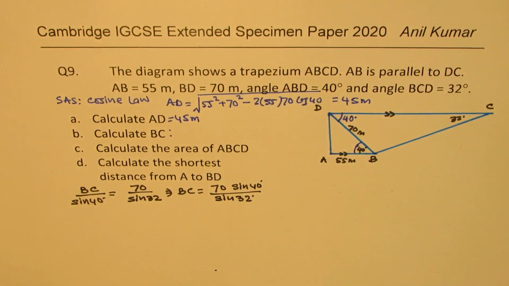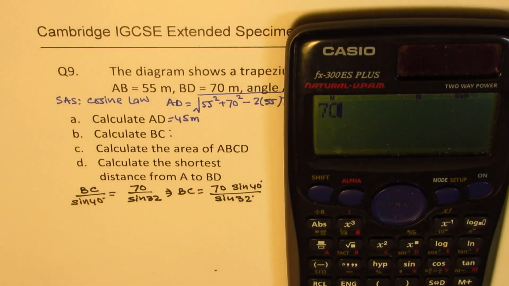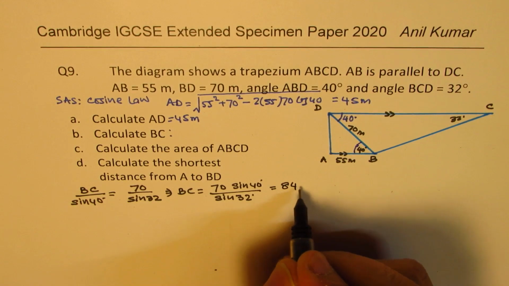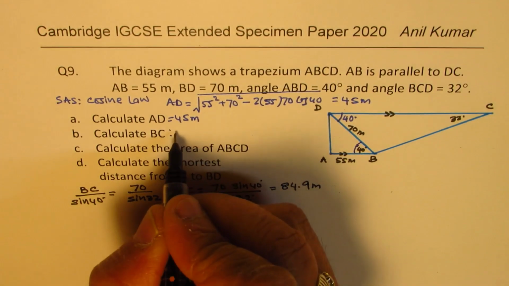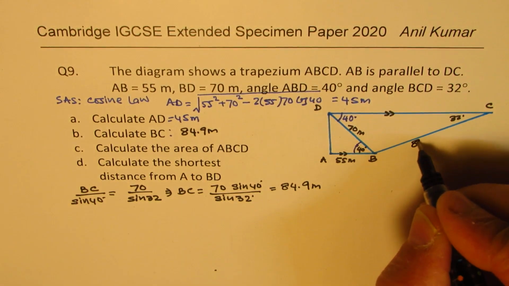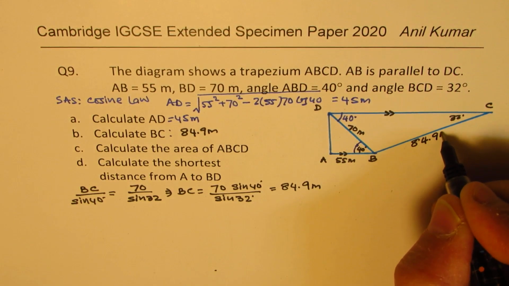Let's calculate this out. So we'll multiply 70 by sine of 40 degrees and then divide by sine of 32 degrees. That is 84.9. So this gives you 84.9 meters. So we get this side as 84.9 meters.